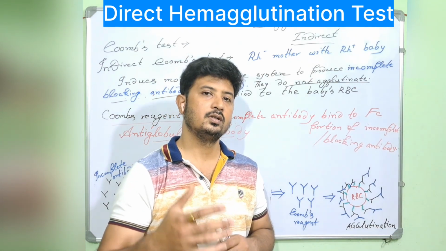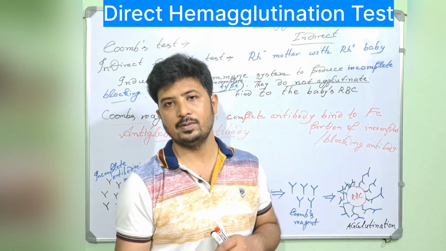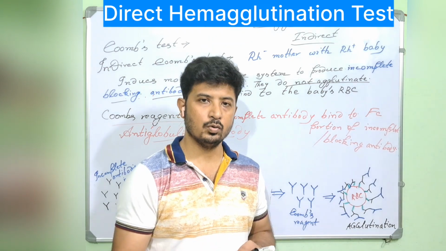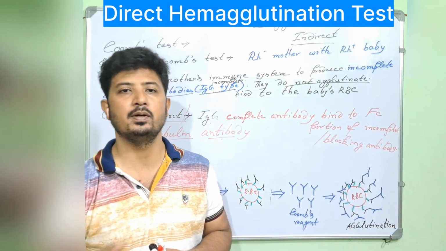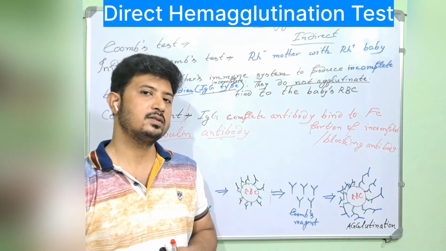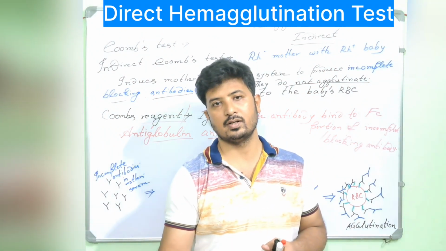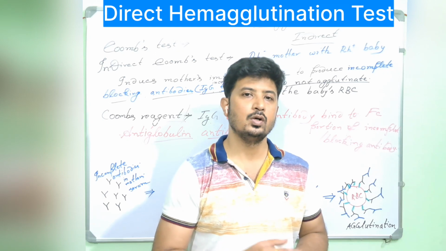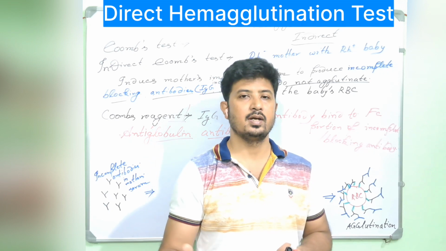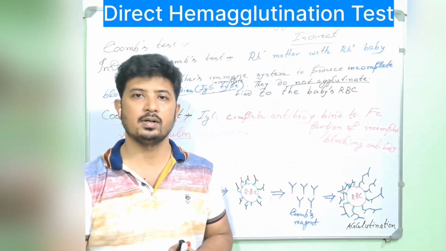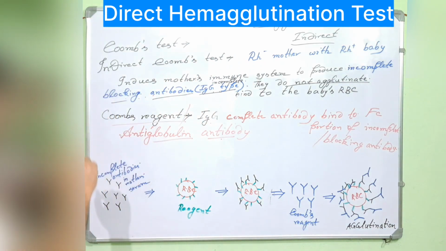So suppose the mother, in her first pregnancy, delivers an Rh positive baby, and she doesn't know the importance of having a negative blood group and giving birth to a positive blood group baby. So with the case history, the doctor suggests a further test, an indirect Coombs test, which will detect whether the mother has antibodies present against the baby's RBC in the mother's serum. That is detected with the help of the indirect Coombs test.